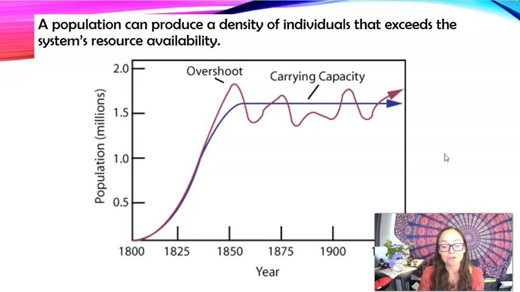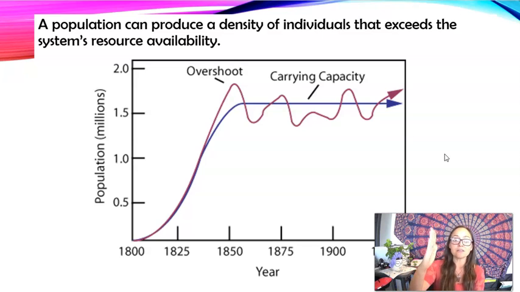When we think about population density, that is how many individuals there are per unit area. As the population grows, the competition for resources becomes very great. And if you go above carrying capacity, not all members are going to survive.